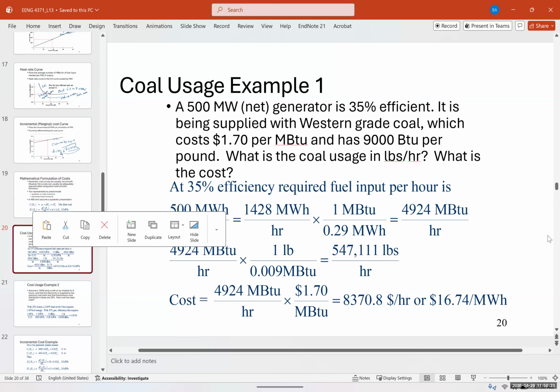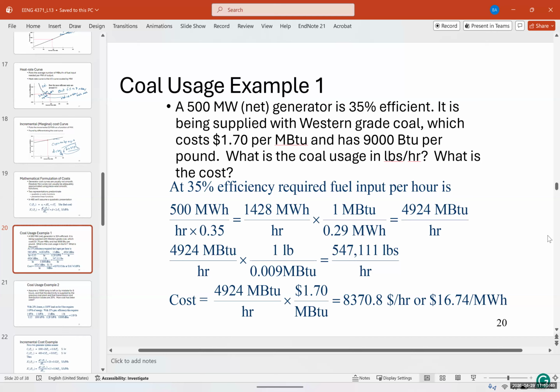Now, here we have an example. Let's do this example to make sure that we understand the unit conversions and the relationship between efficiency, fuel consumption, and costs. In this example, we have a 500 megawatt generator, which has an efficiency of 35%.